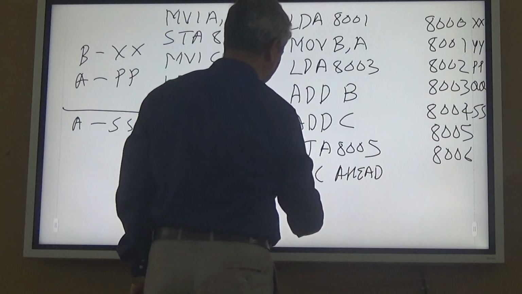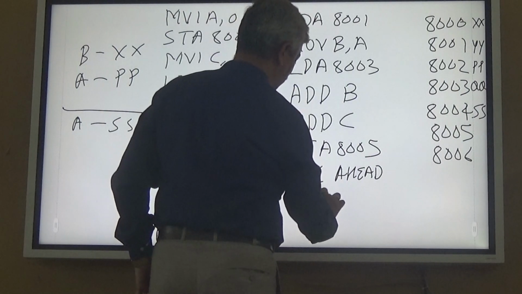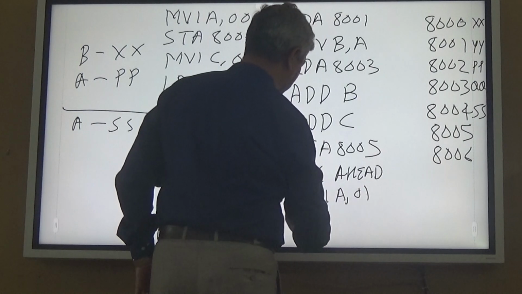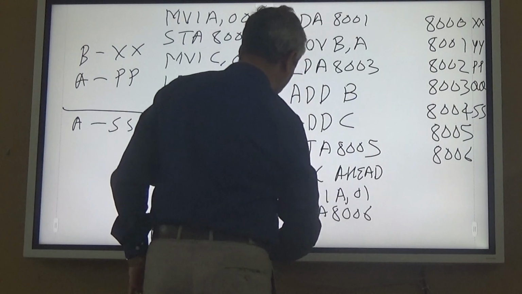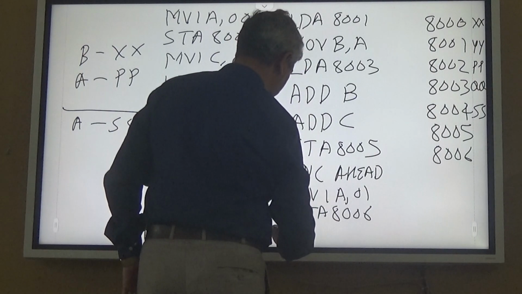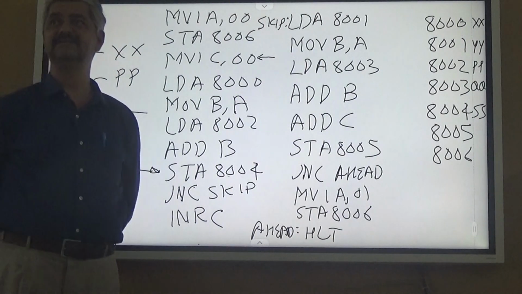Here I will increment. 0 I had already stored, so now I will store MVI A 01, STA 8006, and I am here at ahead. Then halt. Is it right?